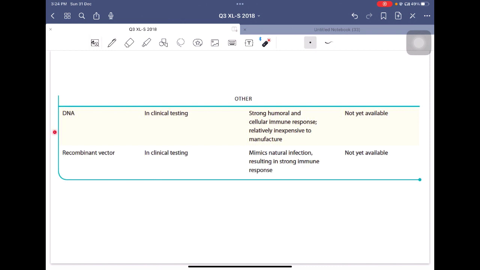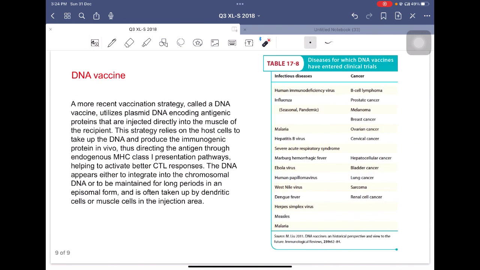And the other one is the DNA vaccine. DNA vaccine is a more recent vaccination strategy, and it utilizes plasmid DNA encoding the antigenic proteins that is injected directly into the muscle of the recipient. What is the difference between a recombinant vector vaccine and a DNA vaccine?